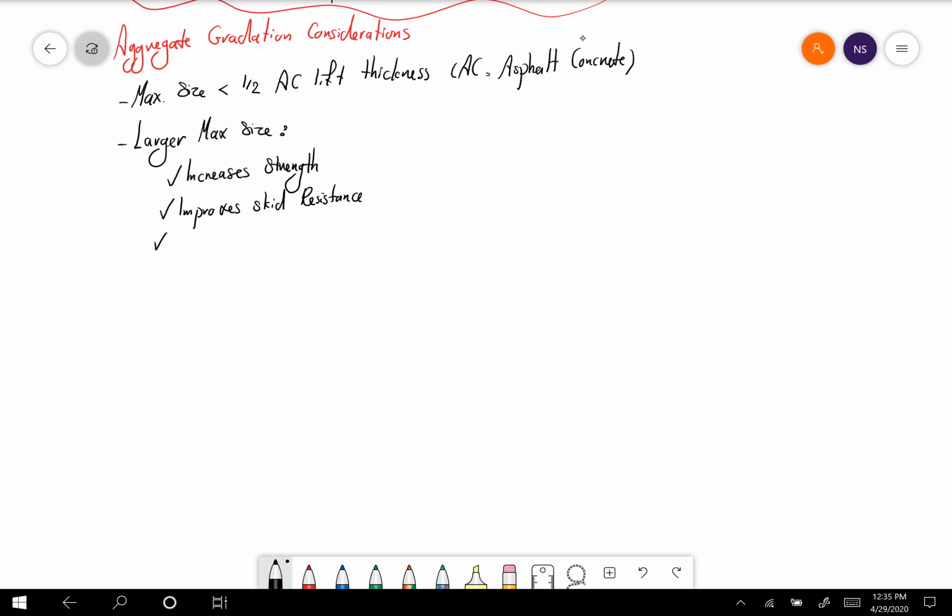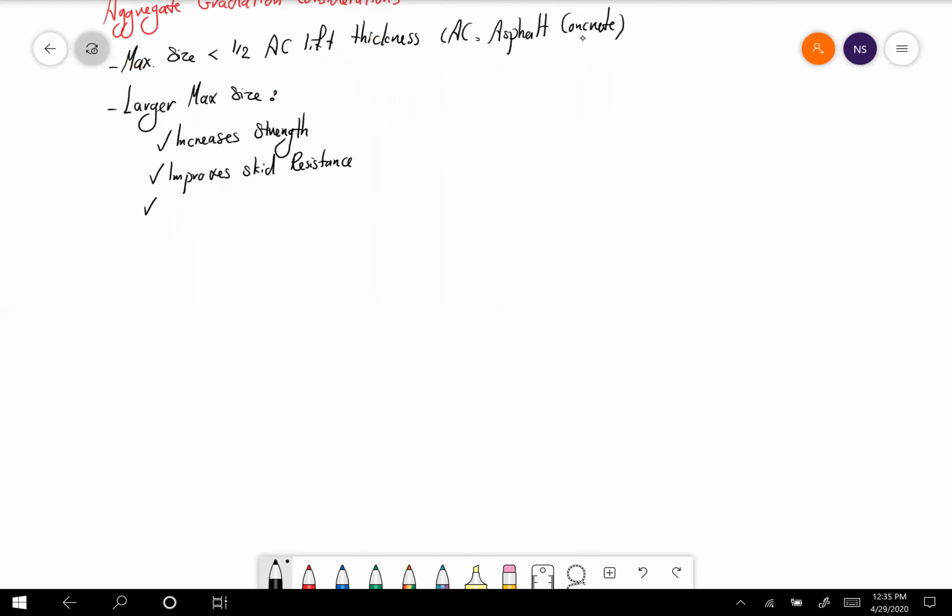It increases volume and surface area of aggregate.